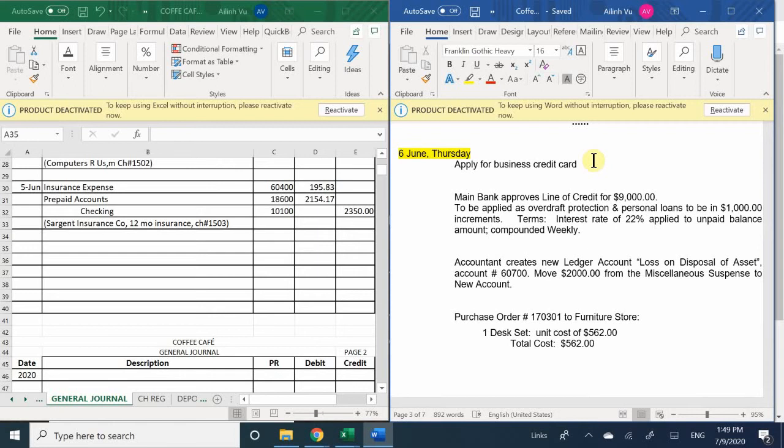Okay, all right, so the main bank approves your line of credit for $9,000, to be applied as an overdraft protection.